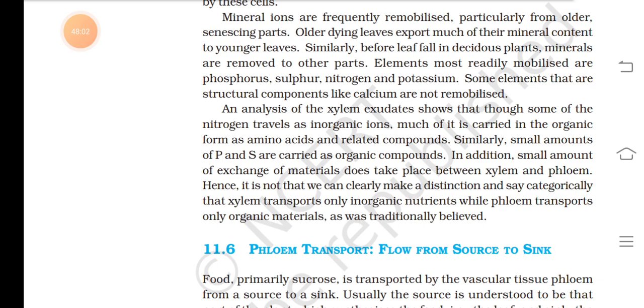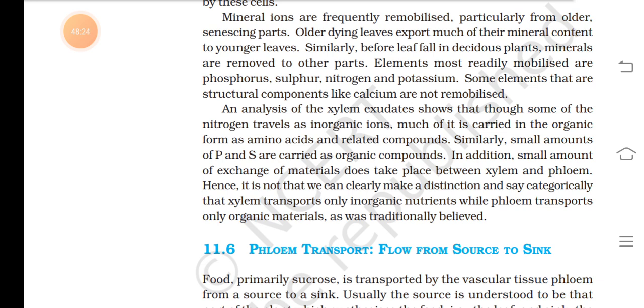An analysis of the xylem exudate shows that though some of the nitrogen travels as inorganic ions, much of it is carried in the organic form as amino acids and related compounds. Similarly, a small amount of P and S are carried as organic compounds.